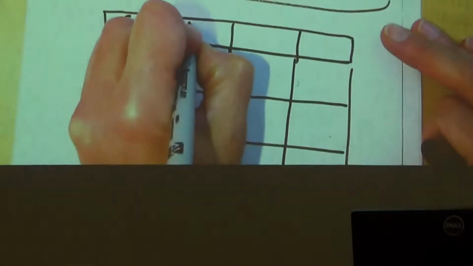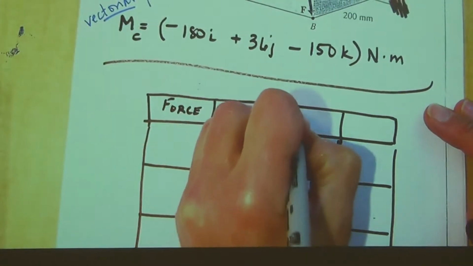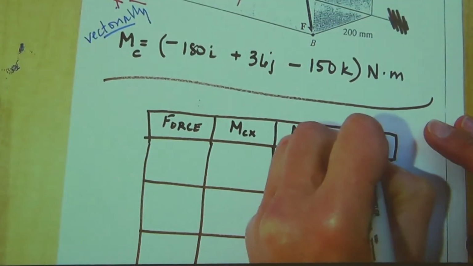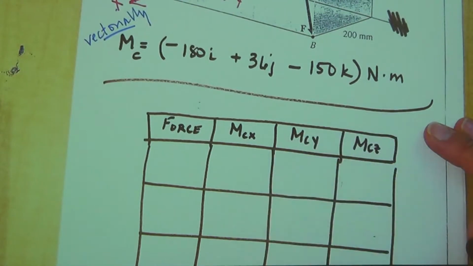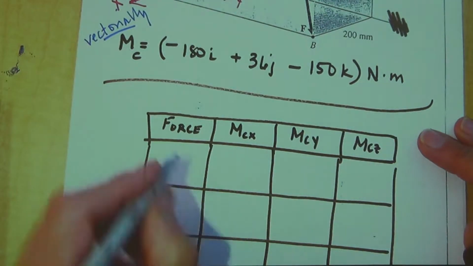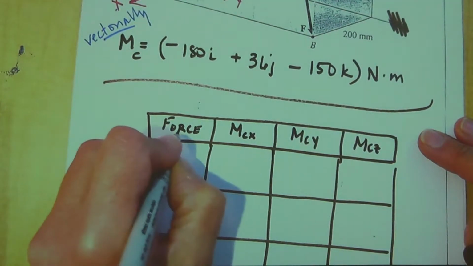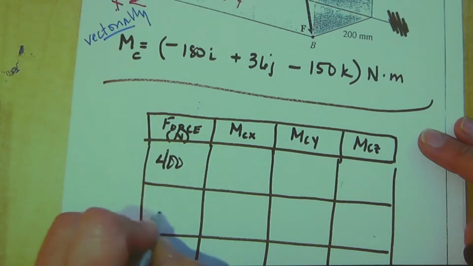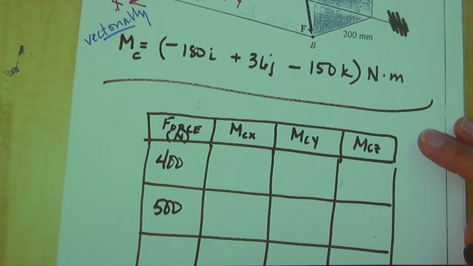This represents moment about C in the x, moment about C in the y, and moment about C in the z. And this represents the 400 Newton force, the 500 Newton force, and the 360 Newton force.